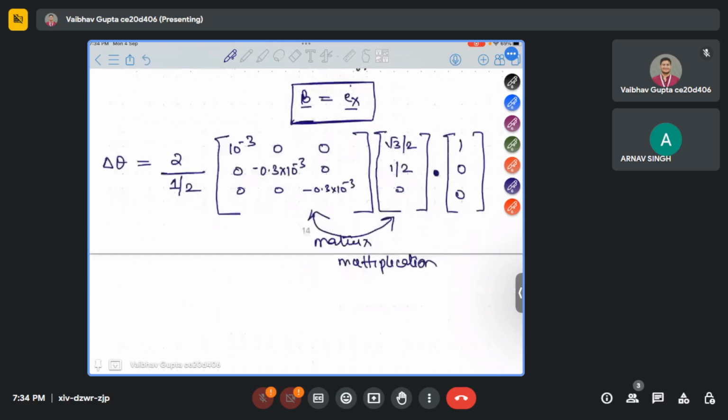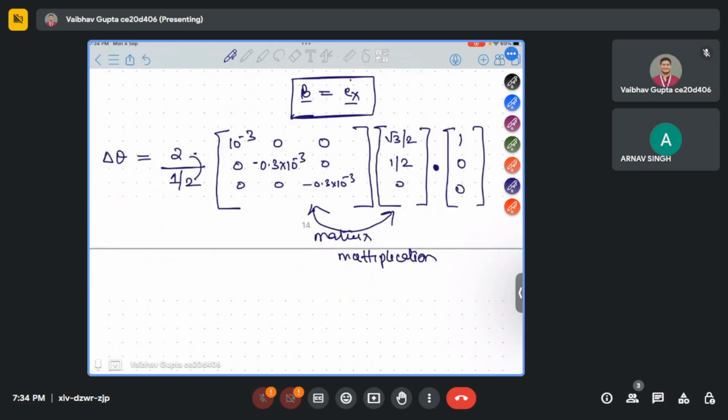What you will get? This 2 will go up, so it will become 4. So delta theta will be equal to 4. If you multiply these two matrices, what will you get? Root 3 by 2 into 10 to the power minus 3, minus 0.15, 0.